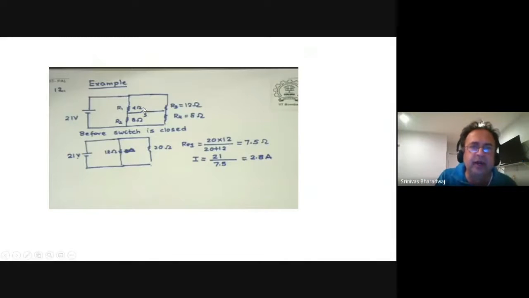Now, when you turn on the switch, these 2 points are connected. So then R1 and R3 will be in parallel. Then that pair will be in series with R2 and R4, which themselves will be in parallel. What is R1 and R3 in parallel? 12 times 4 divided by 16, that is 12 plus 4, which is 3.